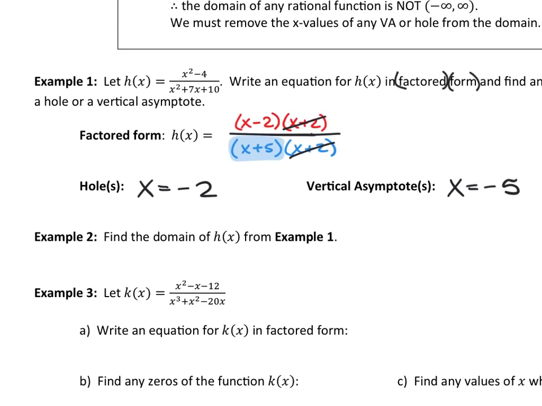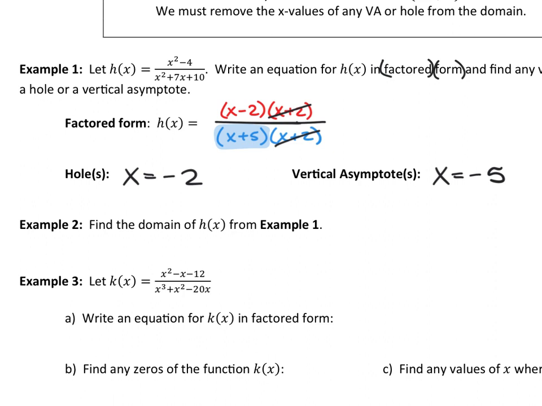Example 2 is still using the same equation. It says find the domain of h of x from example 1. Typically, every function we study in this class has a domain of negative infinity to infinity, meaning the entire number line can be used. However, we have two places where this function would be undefined: at the hole, negative 2, and at the vertical asymptote, negative 5.